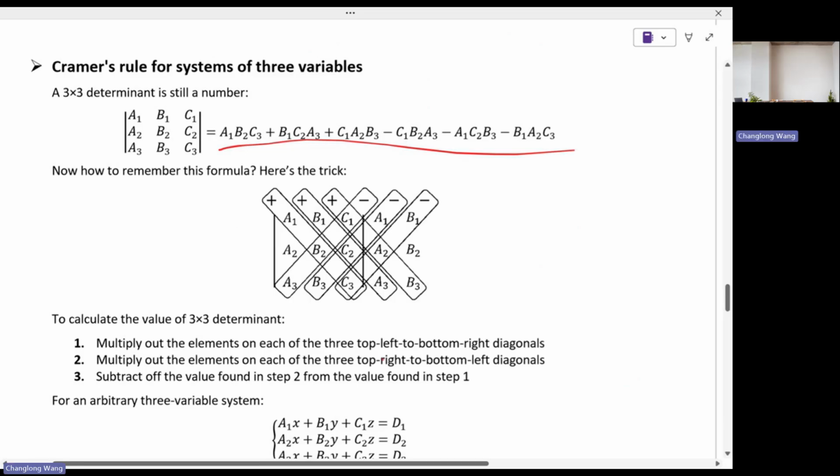Well, this is why there's something else to help you remember how to write down those terms correctly, right? But again, I was trying to make the point that even for a 2 by 2 determinant, I'm not interested in how you calculate it, but I do care if you know how to set it up. Does it make sense?